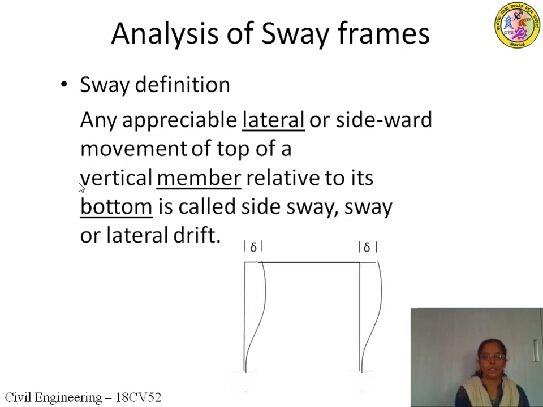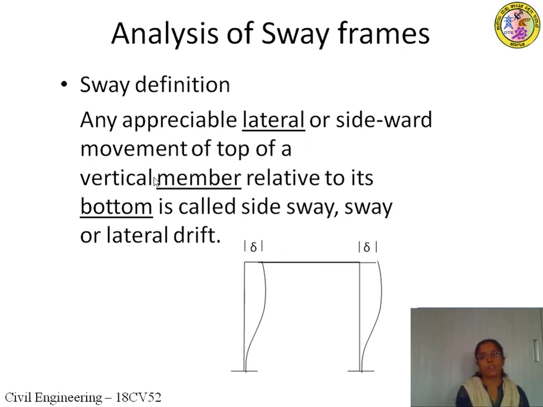Let us consider a frame ABCD, wherein the top of the vertical member undergoes a lateral displacement. Both the vertical members undergo lateral displacements with respect to their bottom. Therefore, if B moves to B dash and C moves to C dash, both will have the same value of displacement, which we will designate as delta.